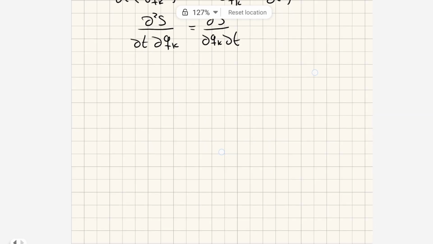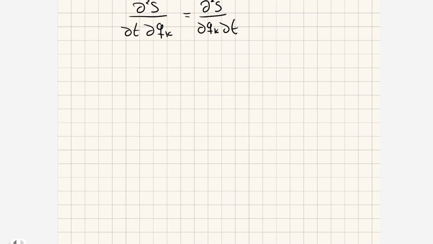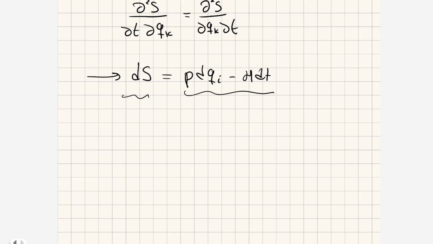We are going to use Liouville's theorem to construct this differential ds by using p dqi minus h dt, and by constructing this differential, we are going to be able to see the structure of s, and that is going to be our solution for the Hamilton-Jacobi equation. But that will be seen in further examples in other lessons.